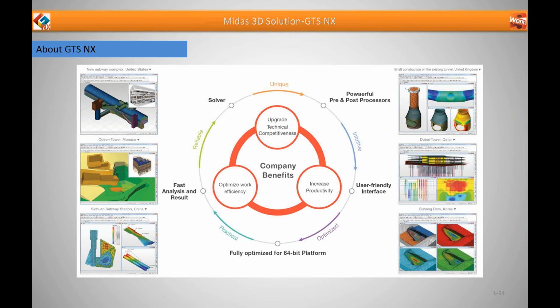Also with GTS NX you can open 2 to 3 models at a time and hence can work on them simultaneously, saving your time. So just run the analysis on one model and in the same window you can work on the other model. So it is possible with GTS NX.